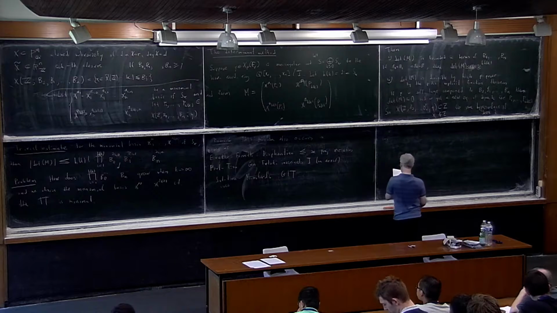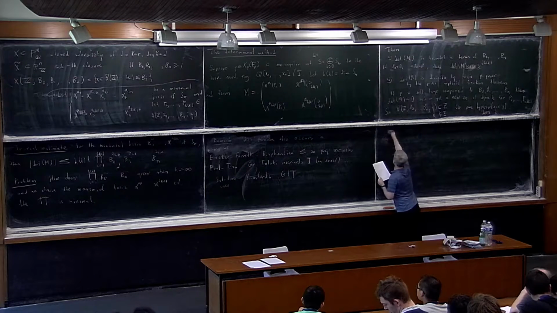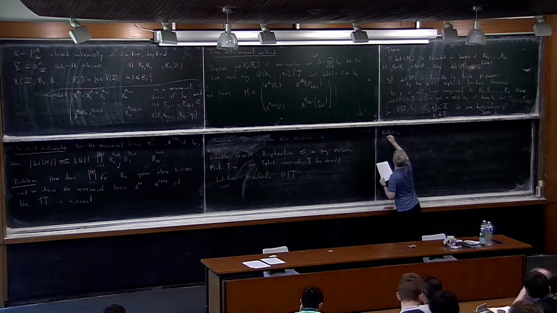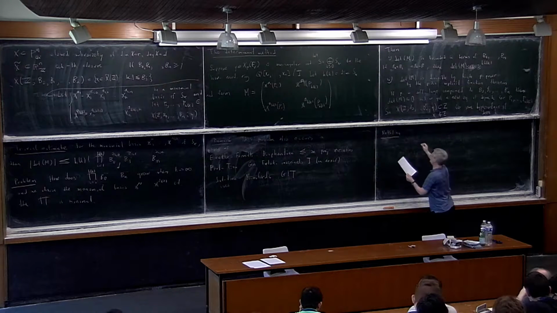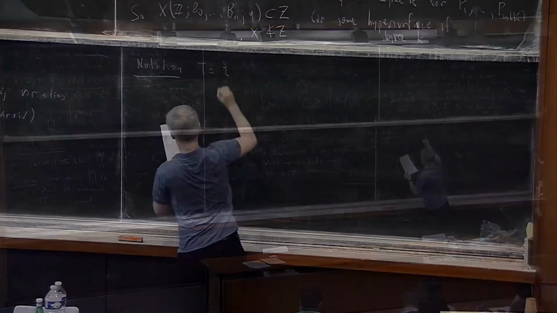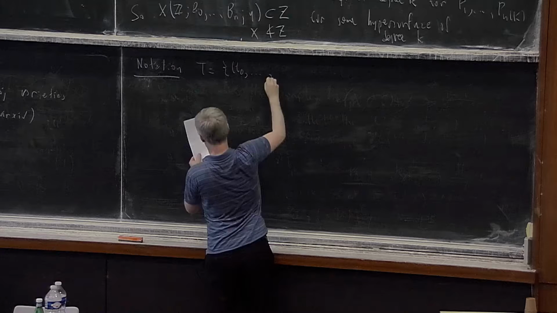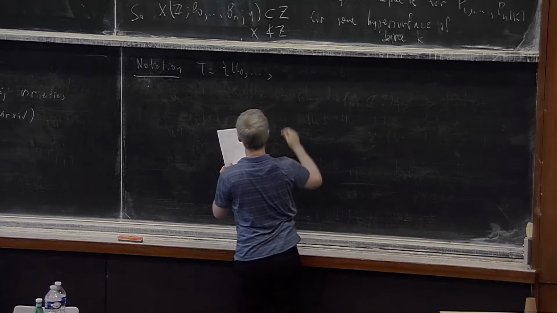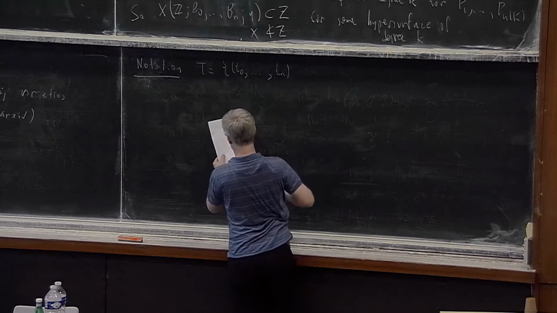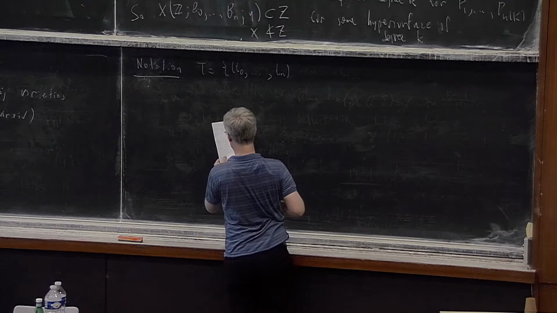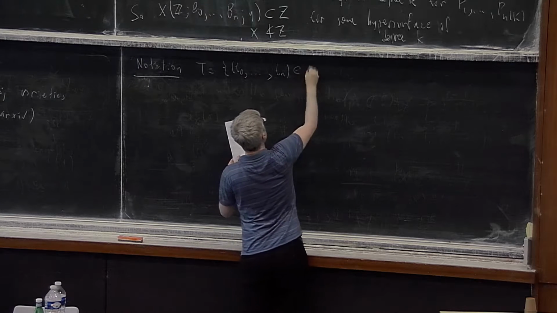So let me explain this. Following notation then, I will take T to be the set of all (T_0, ..., T_n) in G_m^{n+1}.